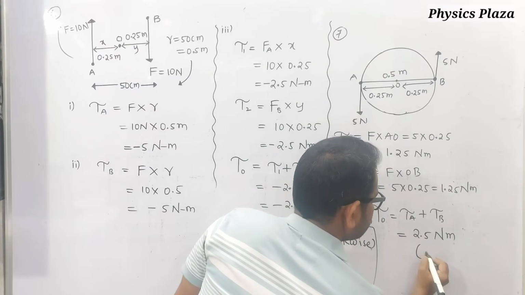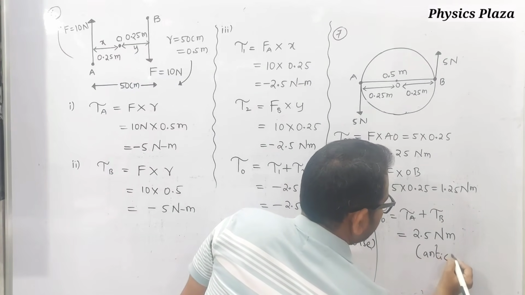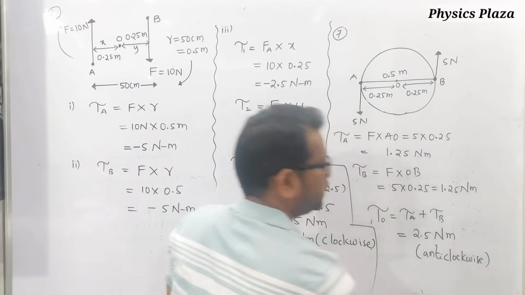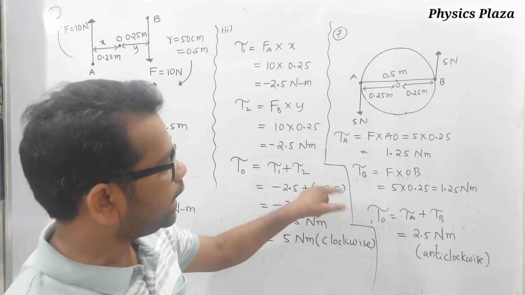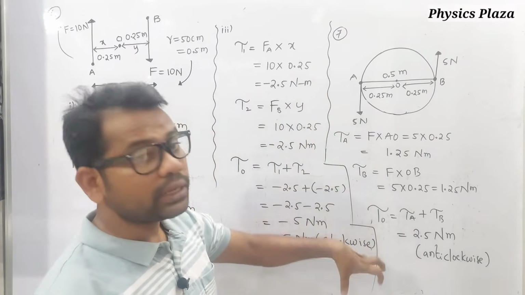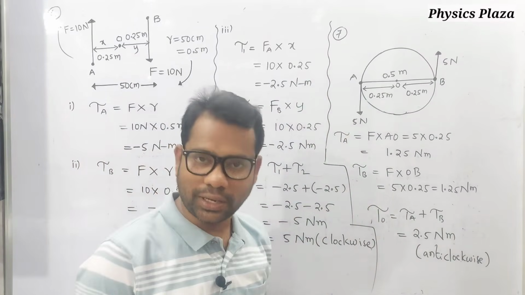Children, you should write it as anti-clockwise. Finally, whatever we are getting is an anti-clockwise moment only. Okay children, so in this question they asked us to draw the diagram, and at the same time they asked us to calculate the resultant moment about point O. Clear? Just copy it.